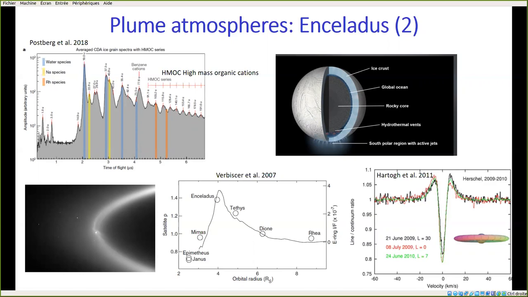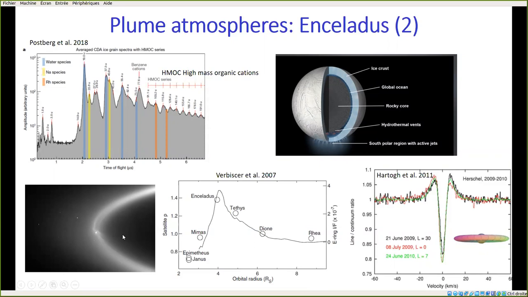So beyond these very interesting implications, it appears that in fact the plume atmosphere of Enceladus has a very large influence on the entire Saturn system. So the icy grains from the plume are at the source of the E-ring that is being seen here.